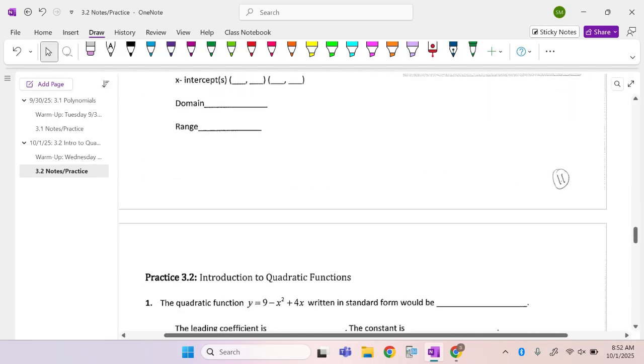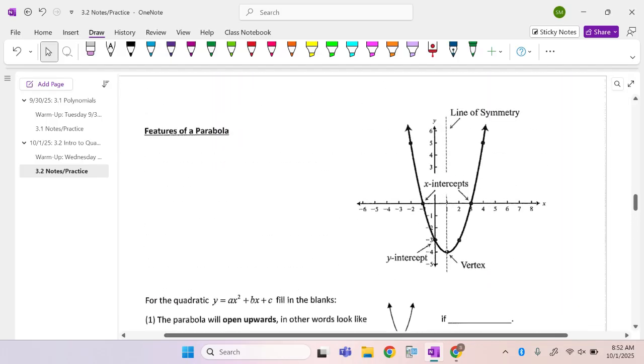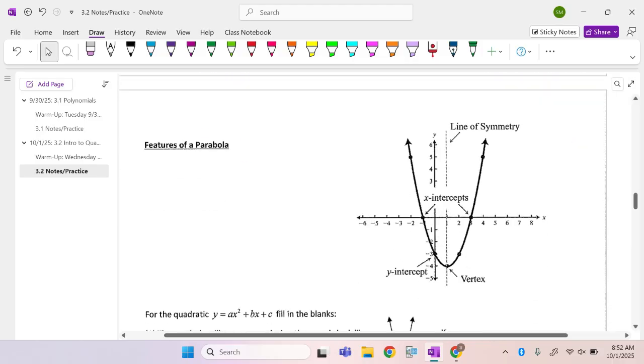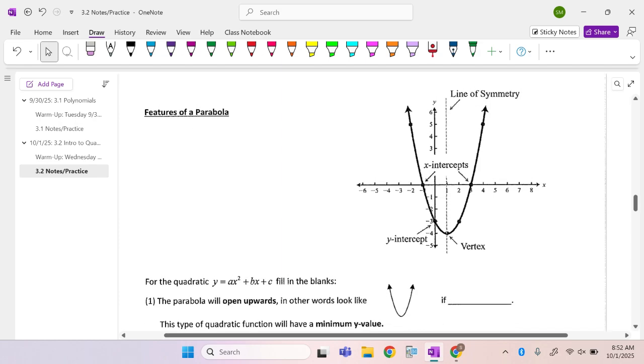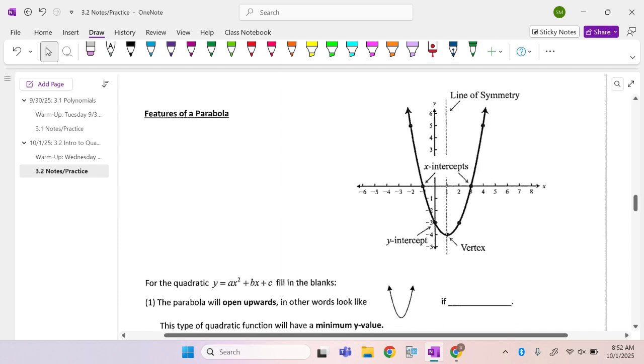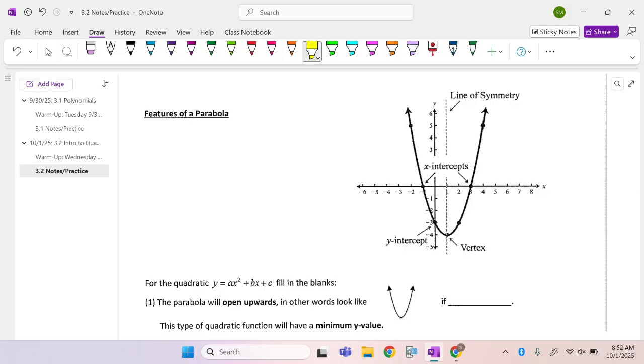All right, so just to make sure that you guys are good with all the vocabulary with the features, okay? The next page is a nice little breakdown of all the different features you have. First things first, we got our x-intercepts, which are right here. It's where they cross the x-axis.